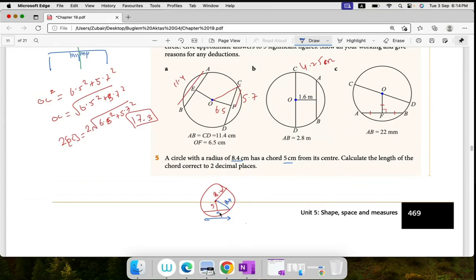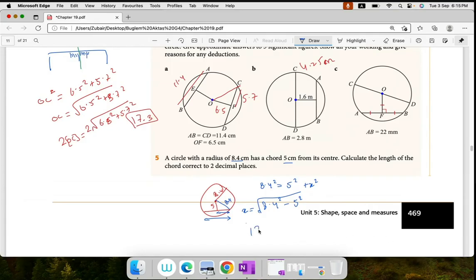So let's calculate the half first. 8.4 square is equal to 5 square plus x square. 8.4 square minus 5 square, whole square root, equals x, and then times 2. 13.49, so 13.5.